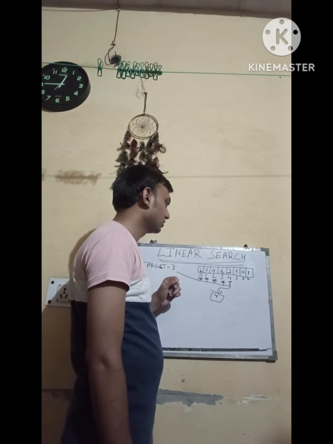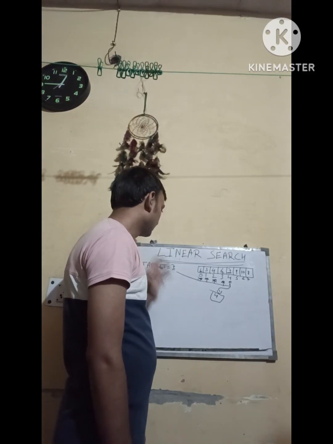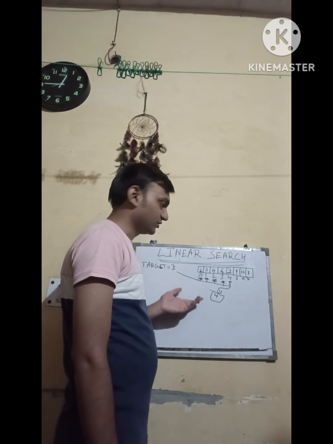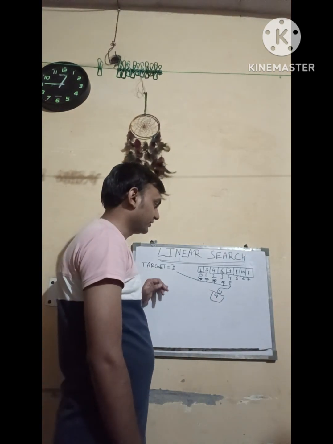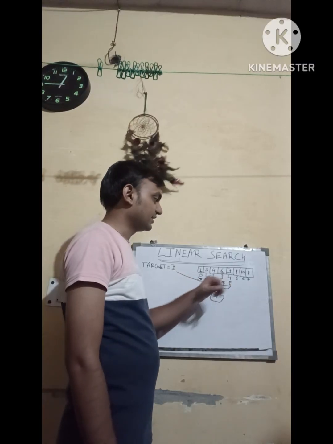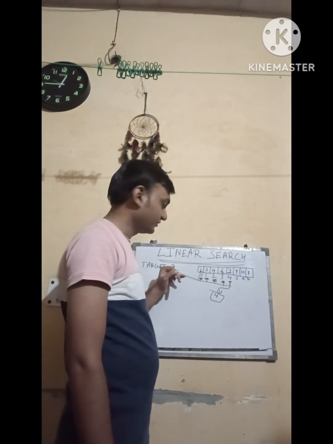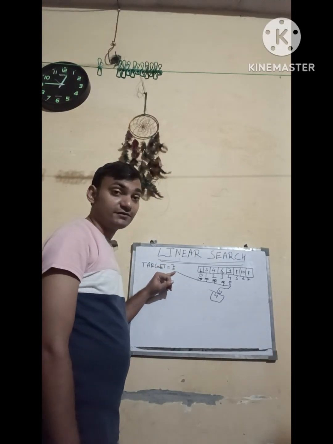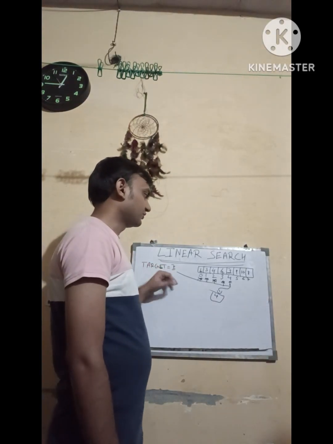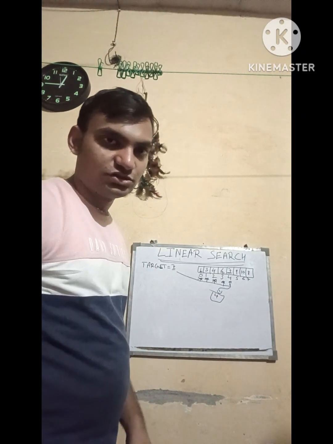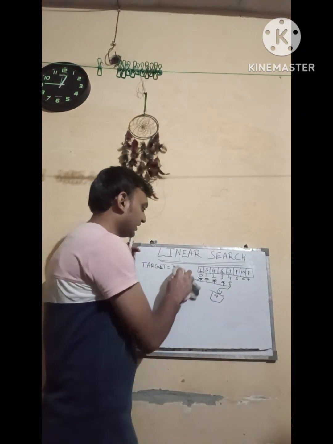As you can see here, we iterated through every single element in this array and checked it against the target value. For this, we will write the program, and after that, we will look at the time complexity.